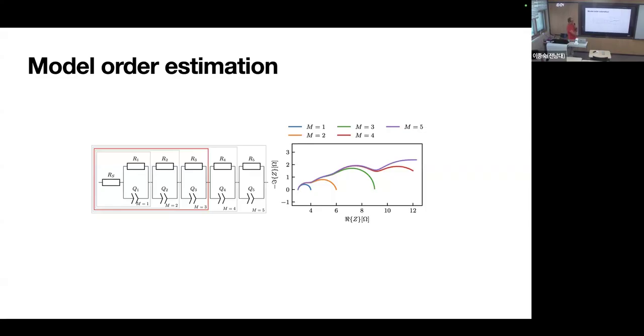So in the context of electrochemistry, this would mean that, let's say we have an ice curve that we have measured, and the question is how many time constants or RQ elements, or however you want to call them, are present in that Nyquist curve. In this figure we have 5 candidate models, and we can fit all of them. It might happen that some of these parameters collapse into the same value, so they don't have any influence whatsoever.